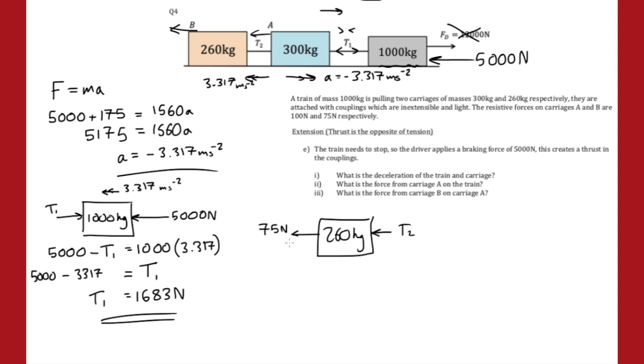So we can keep everything positive for this one. It seems obvious which way we're going to make positive. We're going to make the left positive, otherwise we'll have two negatives here. So we can say that the acceleration is in this direction, 3.317. So if we set it up, we're going to say that T2 plus 75 equals 260 times 3.317.